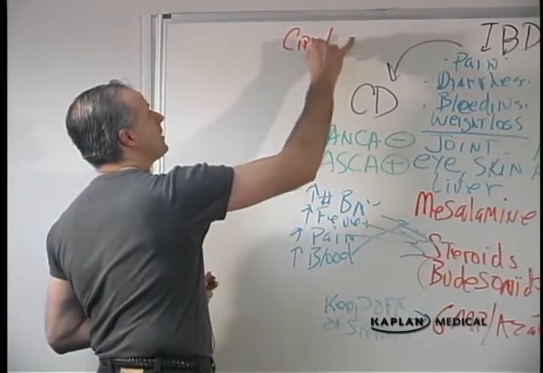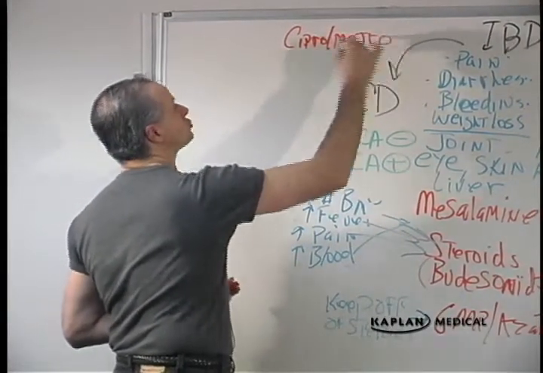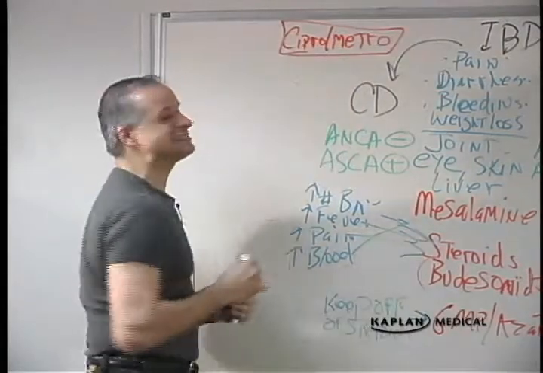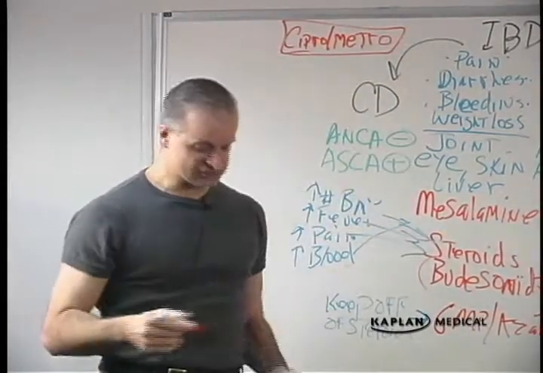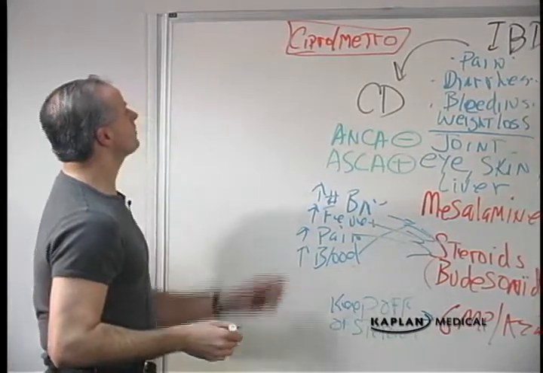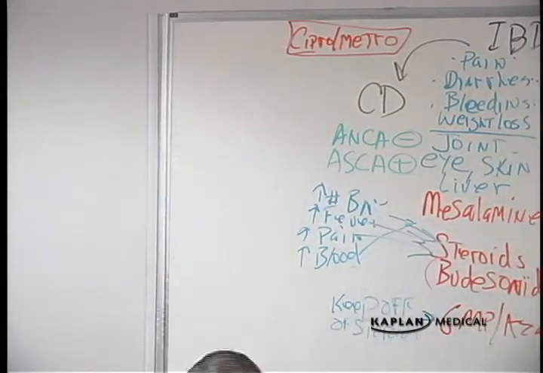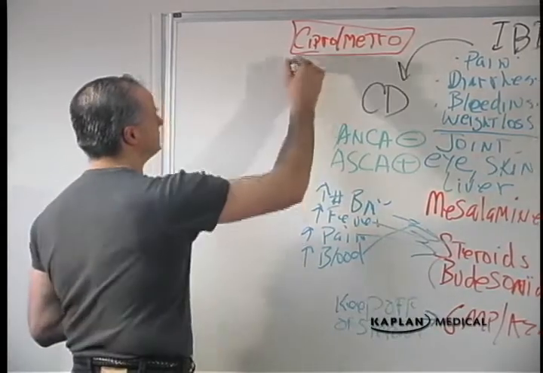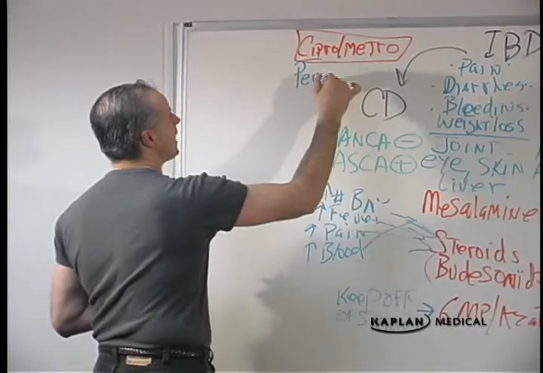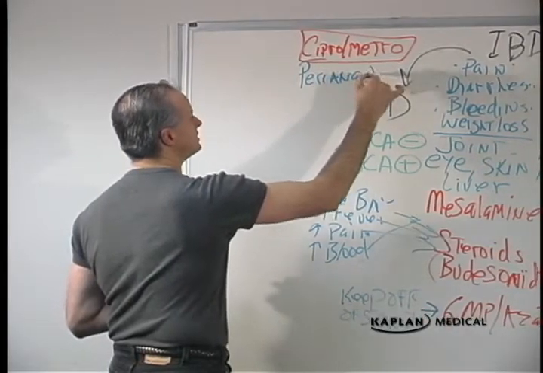Ciprofloxacin and metronidazole, the two drugs of choice for diverticulitis, for infectious disease, have some effect on people who have rectal or perirectal Crohn's disease. Perirectal, perianal Crohn's disease.